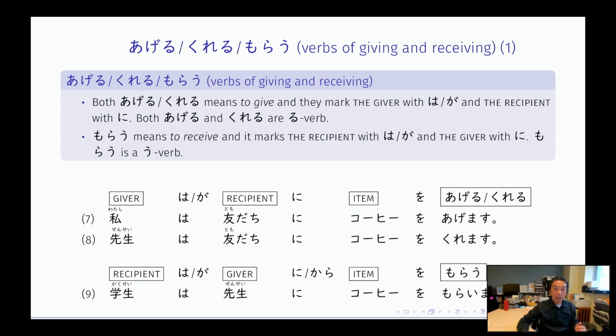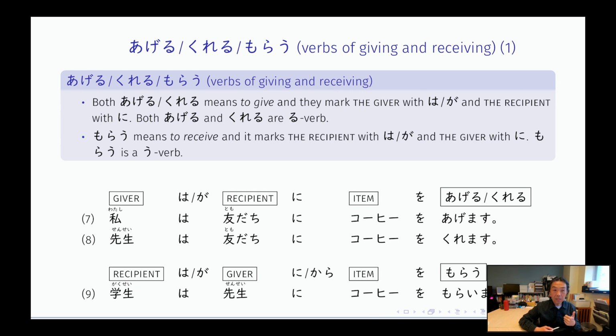Okay, and if you think about the verbs to give and to receive, you can actually talk about the same transaction. It's just a matter of perspective, right? So if I say the teacher gave the test to the students, you have three things: the giver is the teacher, the recipient is the students, and the item is the test.